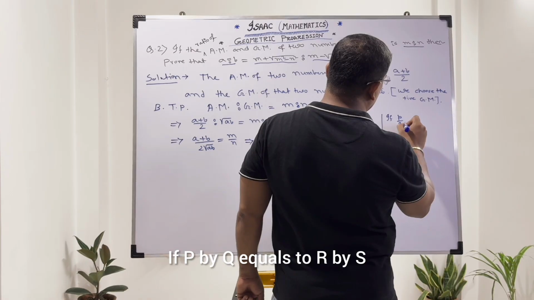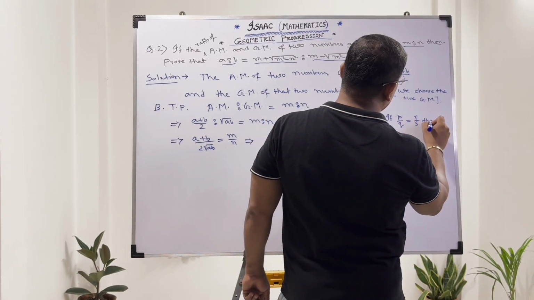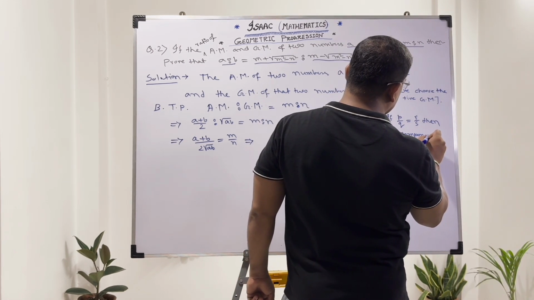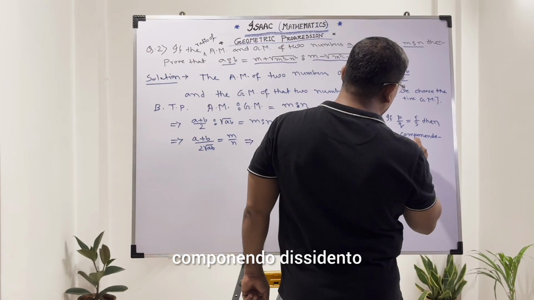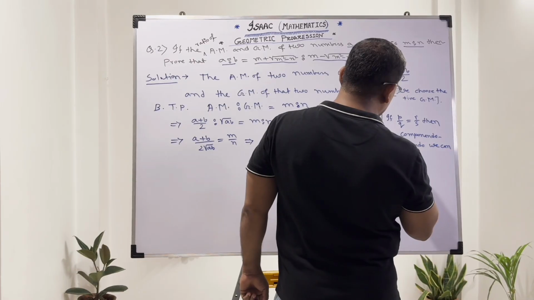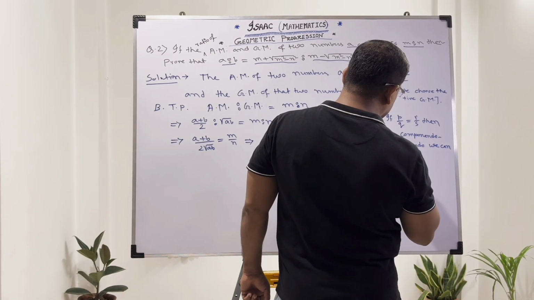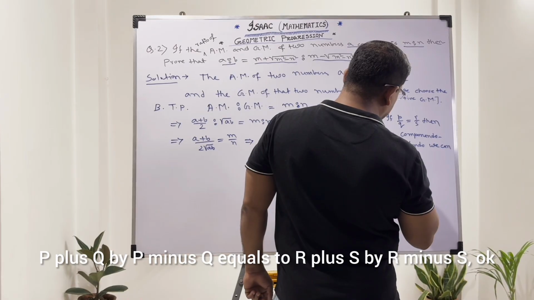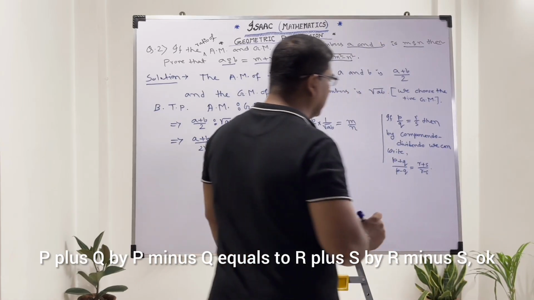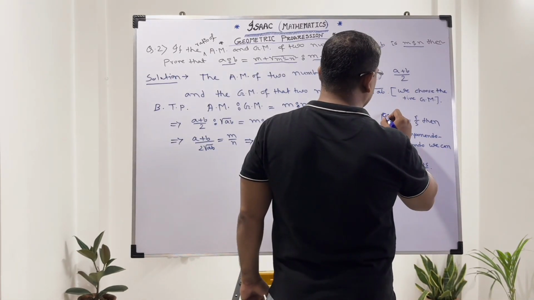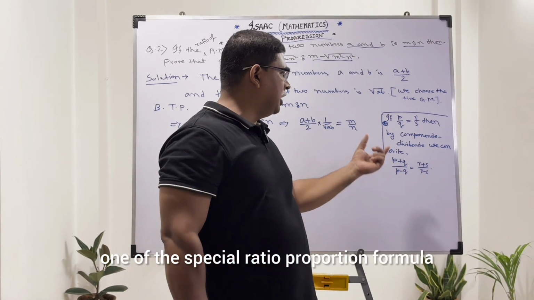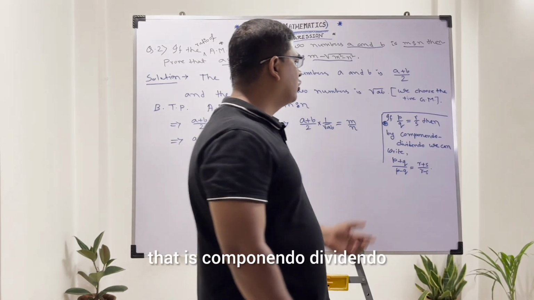If P by Q equals to R by S, then by componendo dividendo we can write P plus Q by P minus Q equals to R plus S by R minus S. Okay, so this is one of the special ratio proportion formula, that is componendo dividendo.